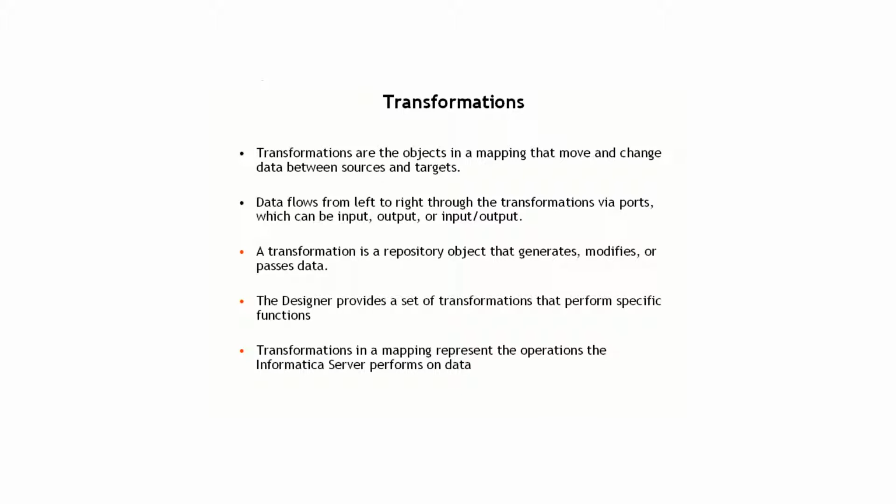Before we go to the mapping, we will discuss the transformations. Transformations are nothing but objects in a mapping, used to transform the data, modify the data, change the data between the source and the target. For that purpose, we use transformations.